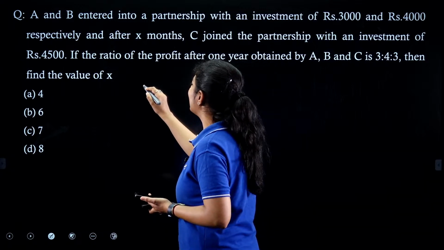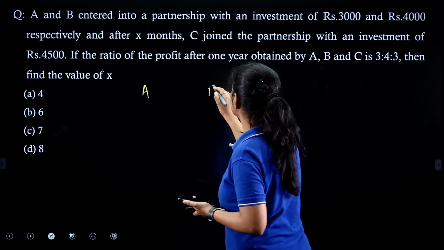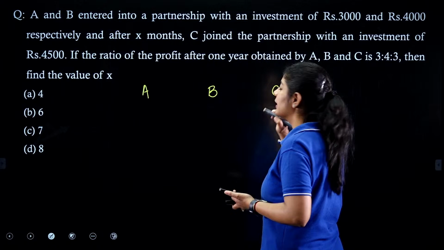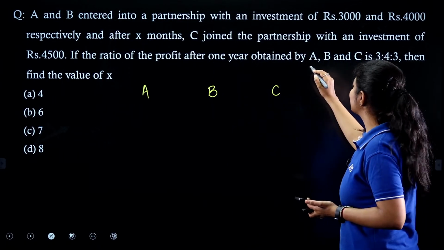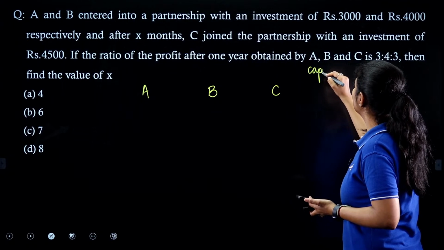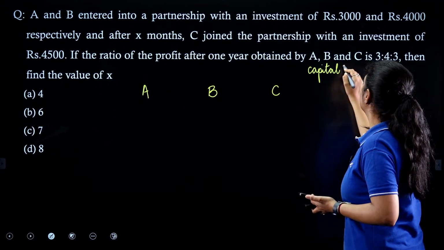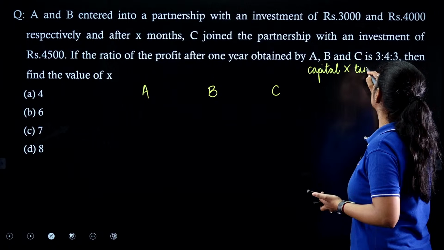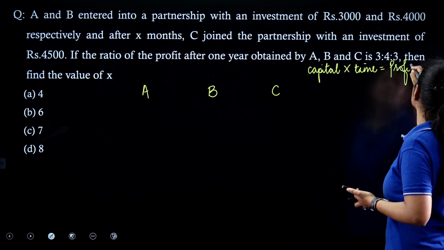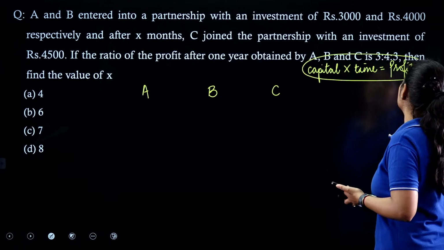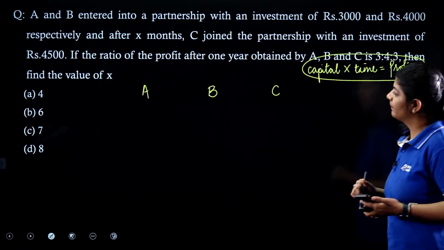See, here we have three participants, A, B and C, right? We know the formula of partnership as well. It simply says that capital multiplied by time gives profit.